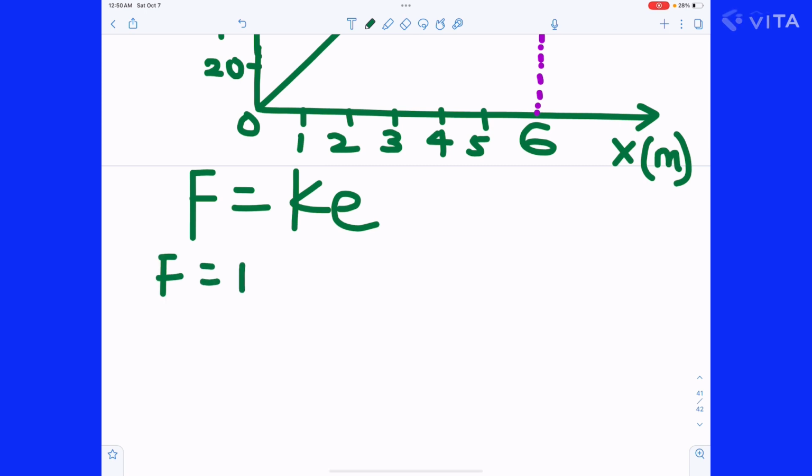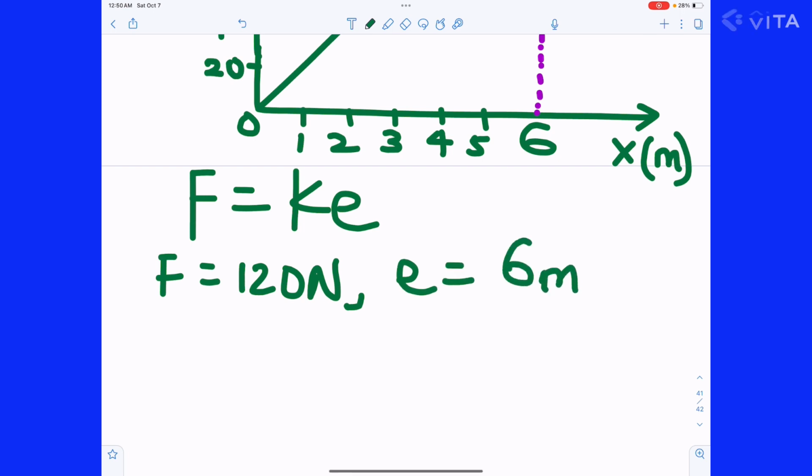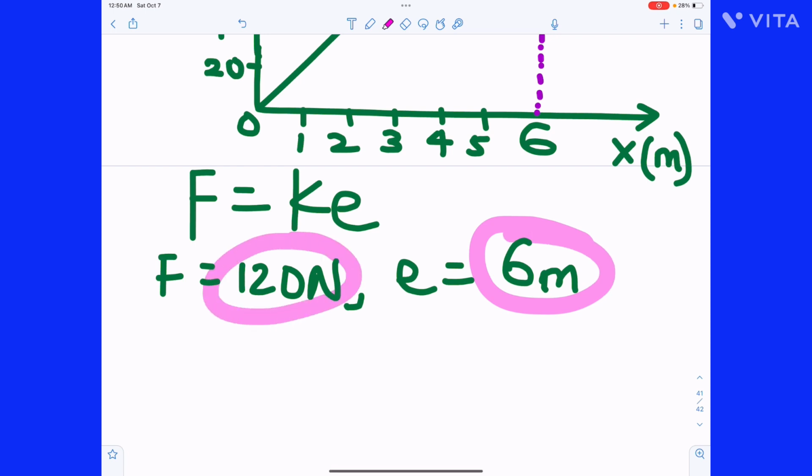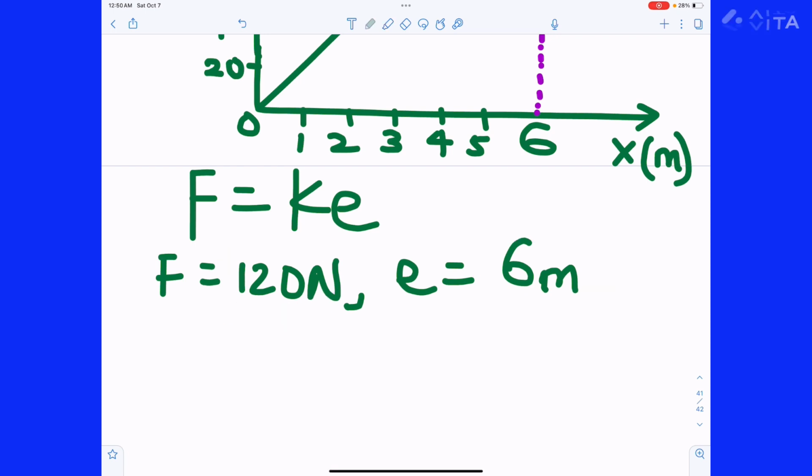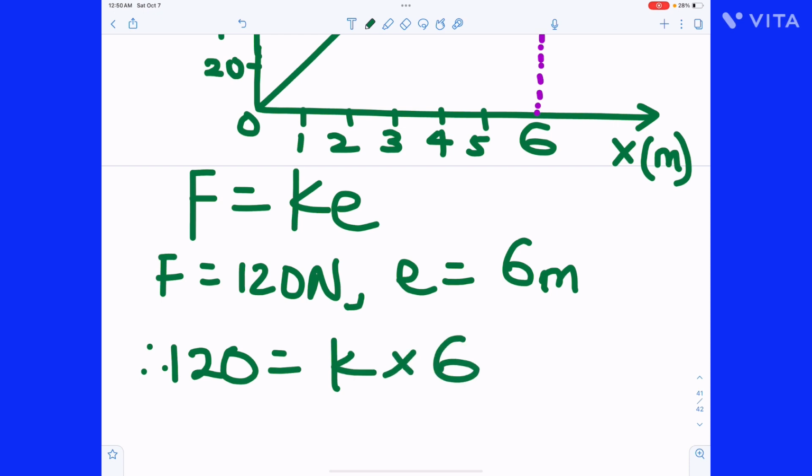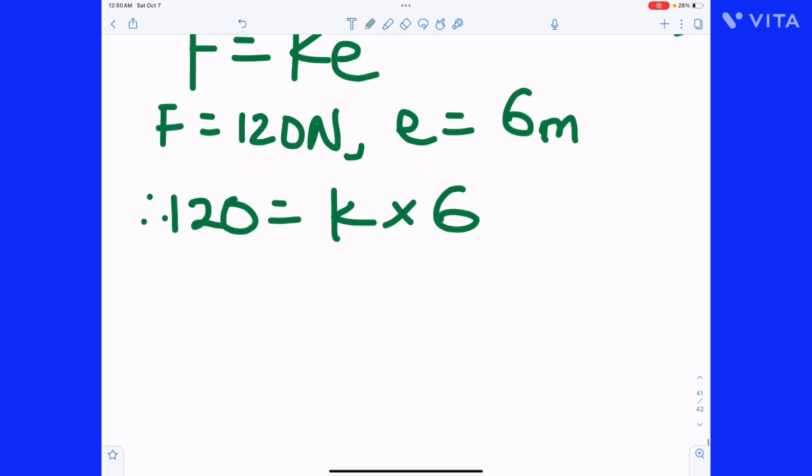F is 120 newtons. The extension is 6 meters, according to the information on the graph. So substituting, 120 is K times 6.